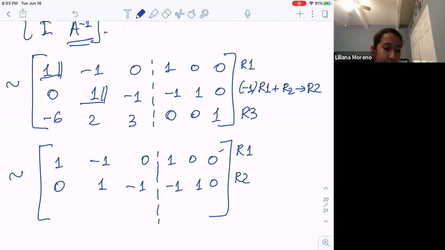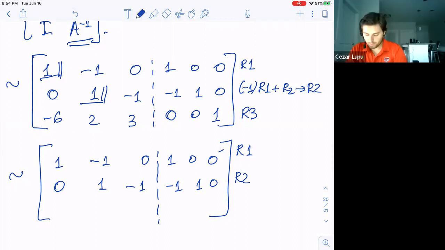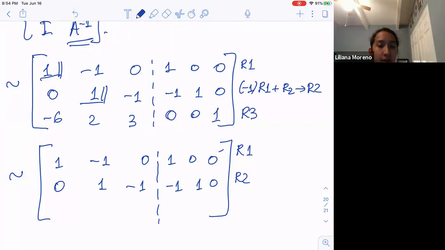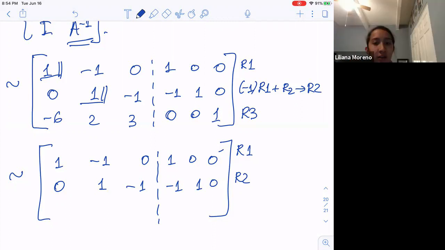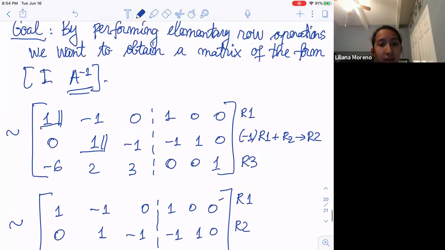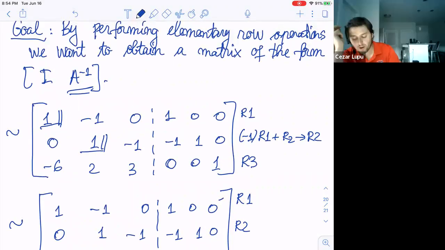I was going to ask, on the 5th column, is that supposed to be a 0 instead of a 1? Which the last one? 5th column, second row. The second row here. So it's 0, 1, -1, right?